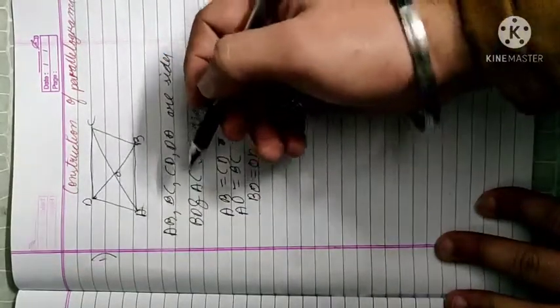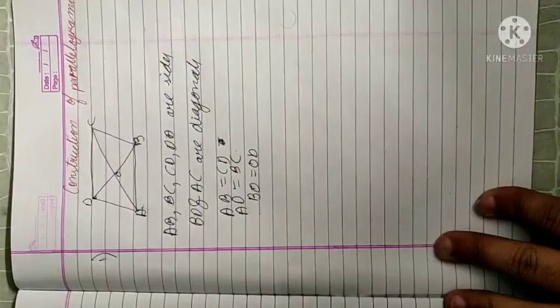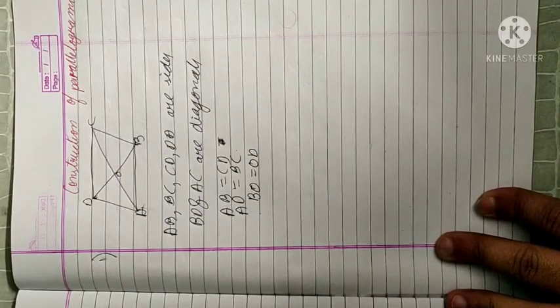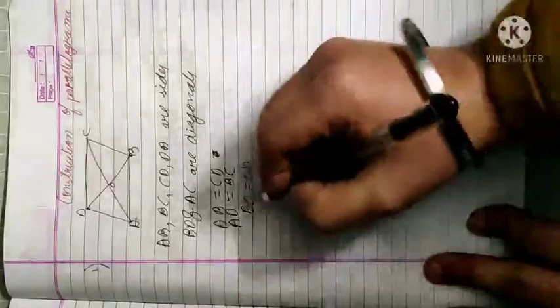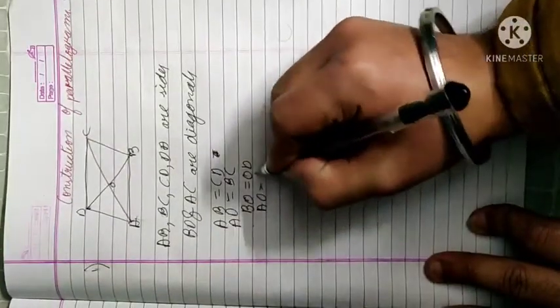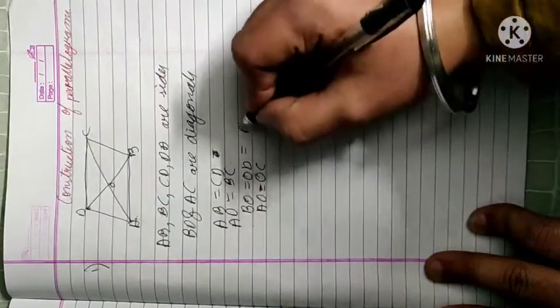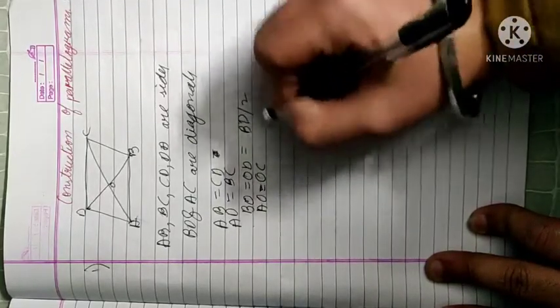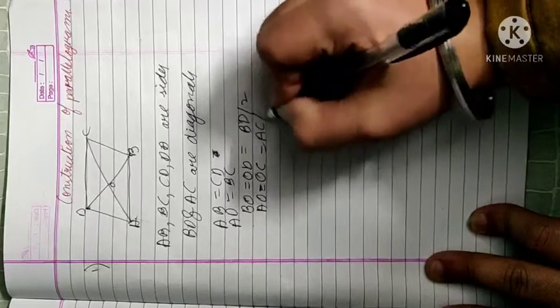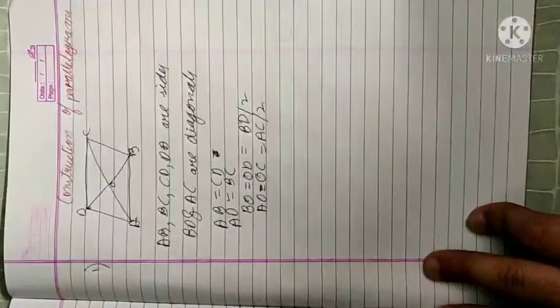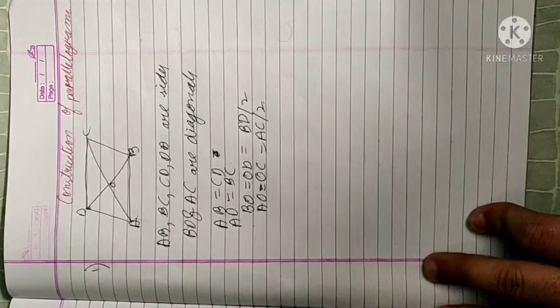Diagonal BD is bisected, that is cut into two equal halves, and here AO is also equal to OC, and these are half of the complete diagonals. Okay, these are the four properties.